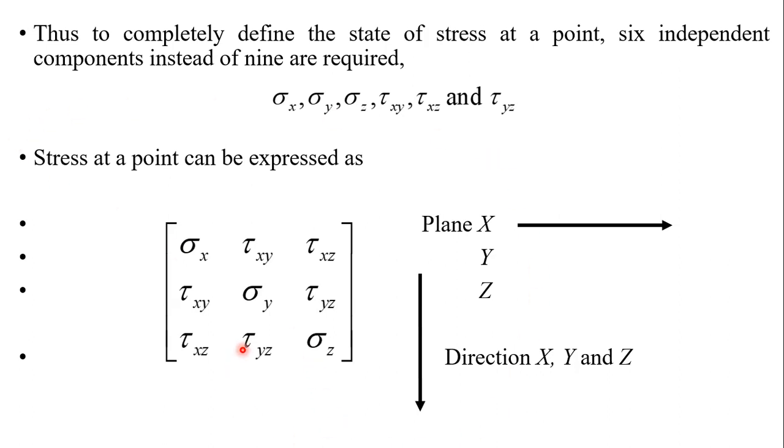So in this way, stress at a point can be defined with the help of 6 stress components. The question may be like this: how can stress at a point be defined with the help of 6 components? Again the same derivation you have to perform.